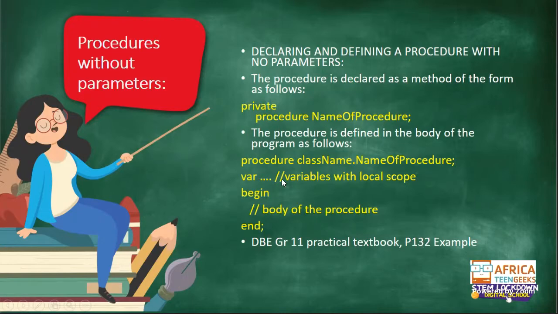In my definition, where I'm going to have my code, a little bit further down in my implementation of my class, I write procedure, but then my class name, the name that you gave the form, not the unit, dot the name of the procedure. So there's a slight difference. You add this part, the name of the form, dot the name of the procedure.